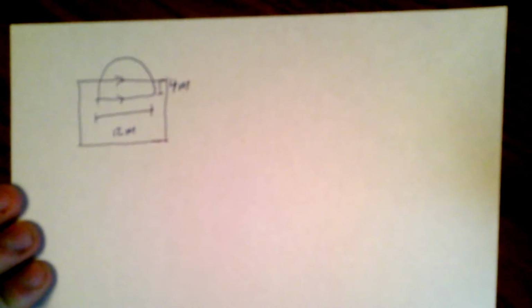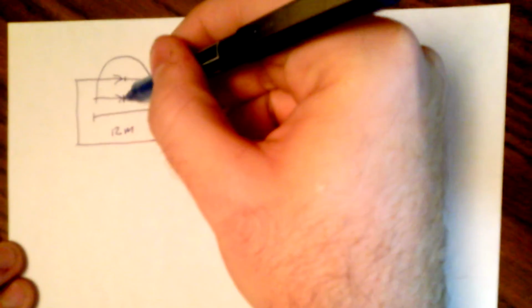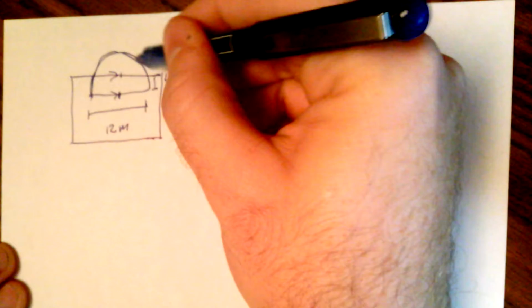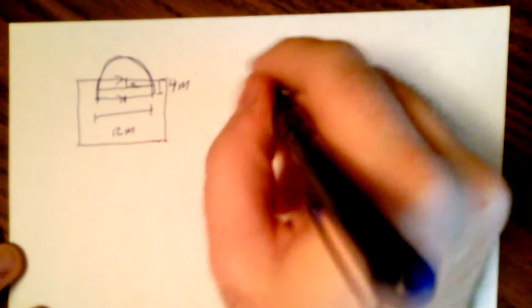So how do we set this up? Well, first we want to get an equation that describes the shape of this semicircle, and we want it to be an equation that gives us the distance across when we're at a depth of x. So this semicircle is half of a full circle, radius 6.